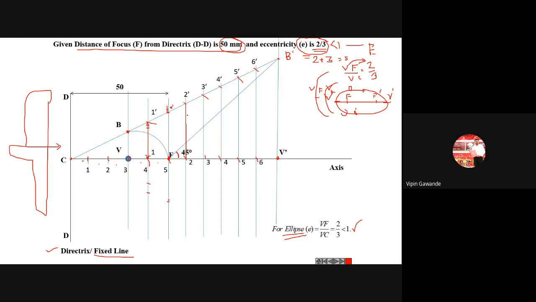Center F, cut 2 dash line above and below the axis. 3 dash distance in compass, F center is always F, we have to cut that line. From F you cut the 3 dash line above and below the axis. Next is 4 dash distance in compass, F center, from F you cut this 4 dash line above and below the axis.